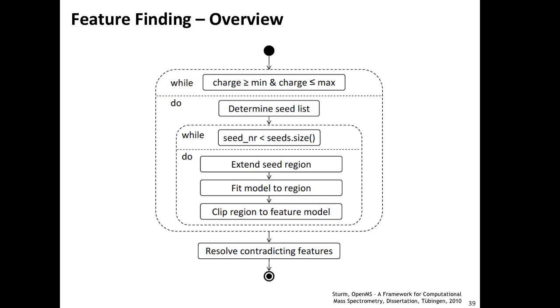One algorithm for feature finding that's still in OpenMS and that we published a long time ago looks roughly like this. It assumes that we look for features of different charge states. You would expect that the peptides have charge states of +2 to, say, +4 or +5.